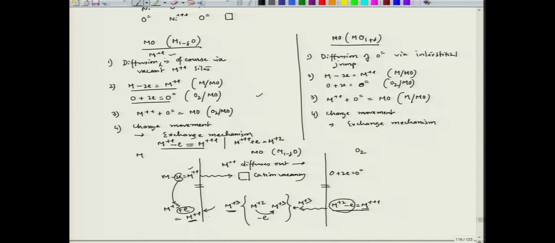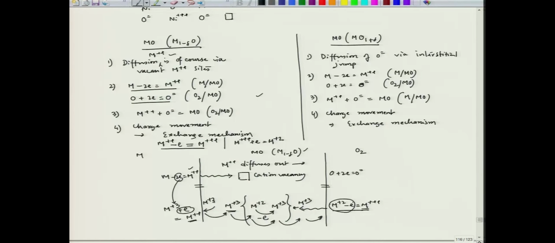This way, metal plus plus going to metal plus 3 and leaving metal plus 3, this mechanism keeps going on. Finally, here metal plus 3 combines with an electron and forms metal plus 2. That is the way the mechanism of oxidation happens in the case of p type oxide, of course when metal deficiency is there.